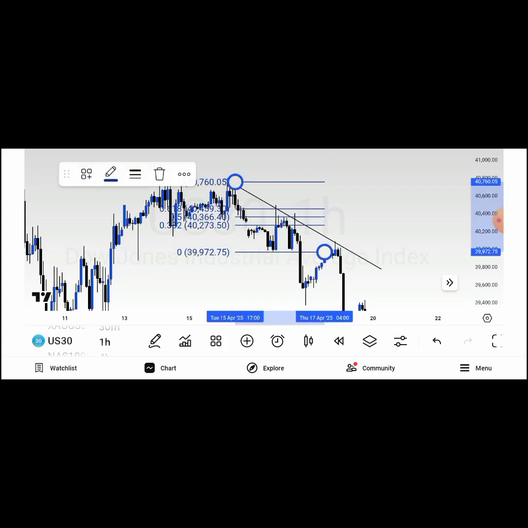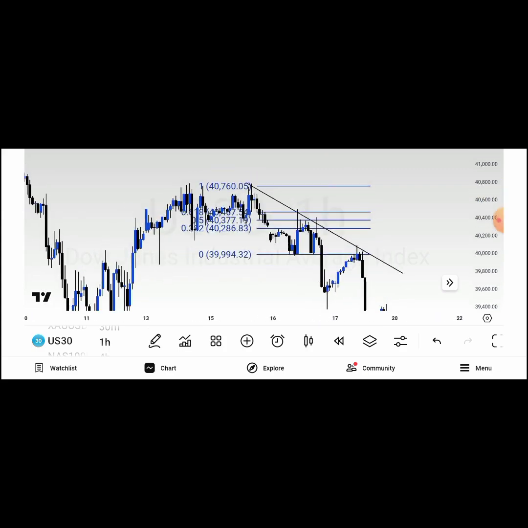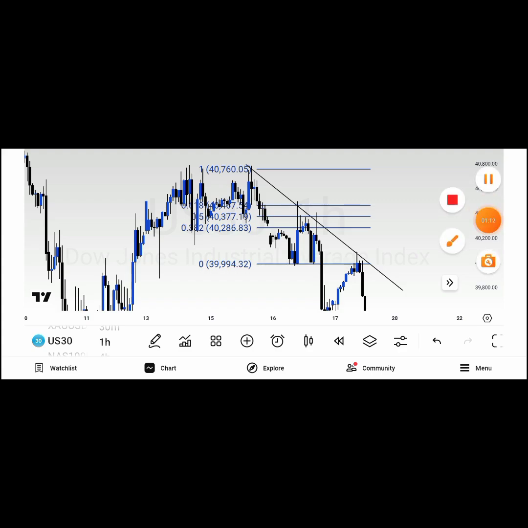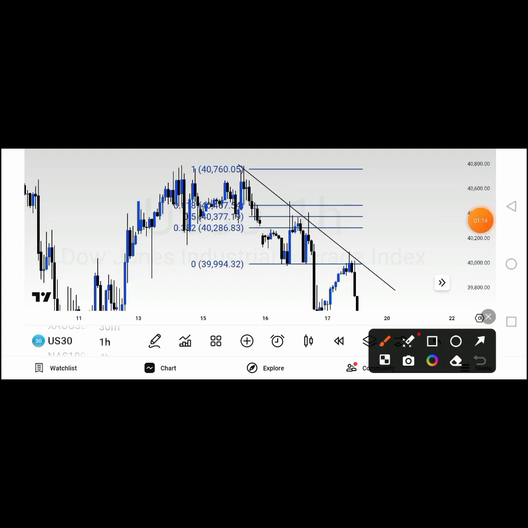Now let's come closer and see. As you can see right now, when the market came down like this, it retested. Now look at it, 0.618. When it touched this line around 0.618, it continued to the downside. Are you seeing it now?